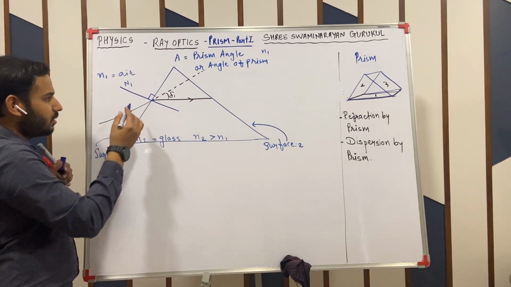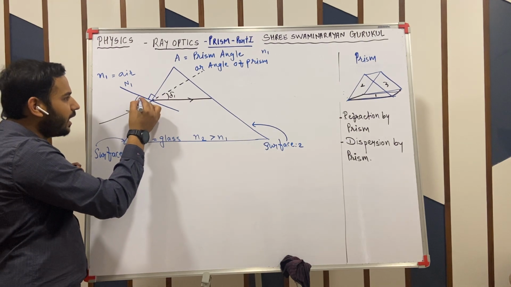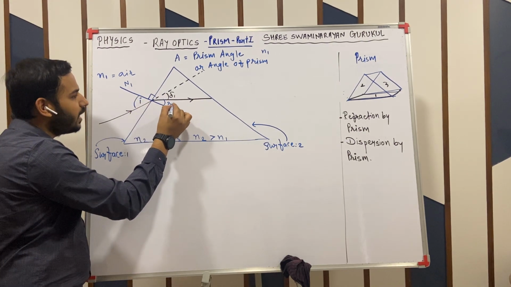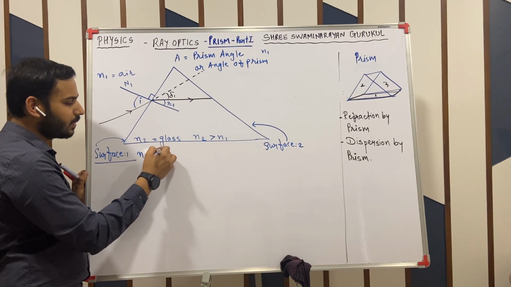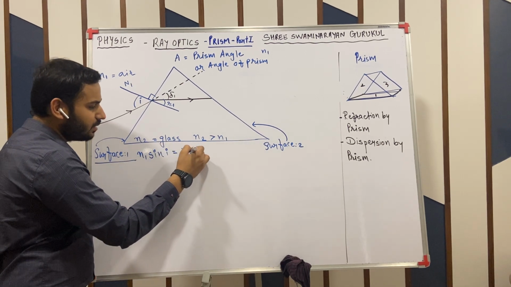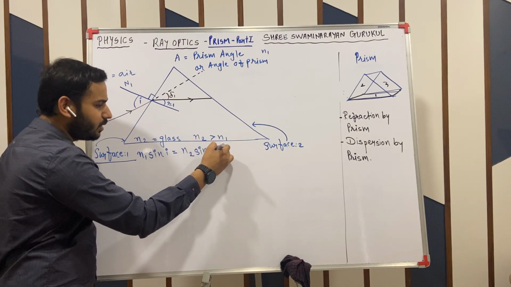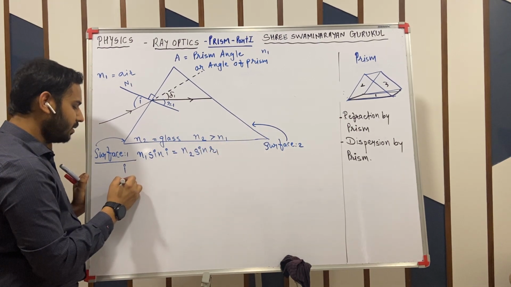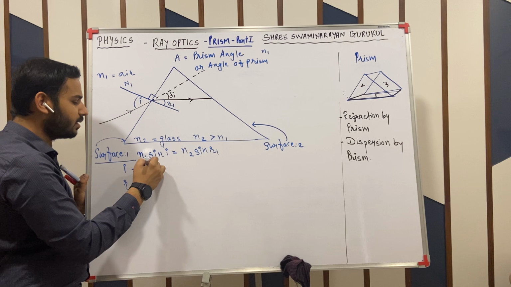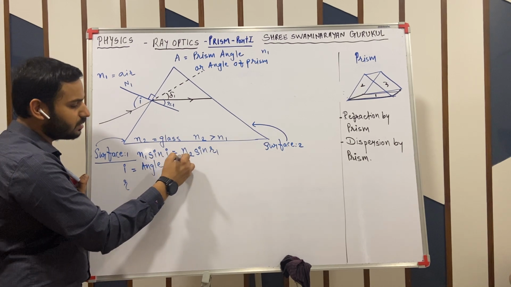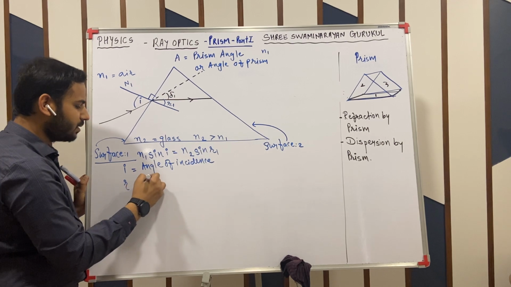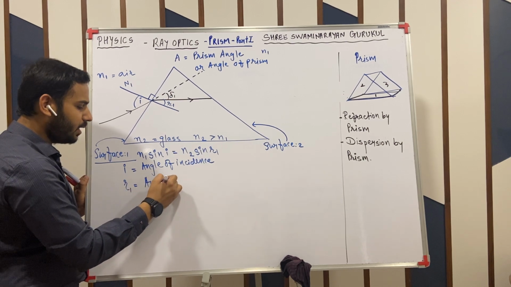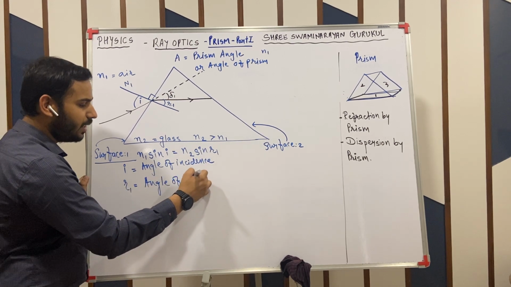According to Snell's law, this angle is i, this angle is r1. At surface 1, Snell's law is n1 sin i = n2 sin r1. Here i is the angle of incidence and r1 is the angle of refraction at surface 1.